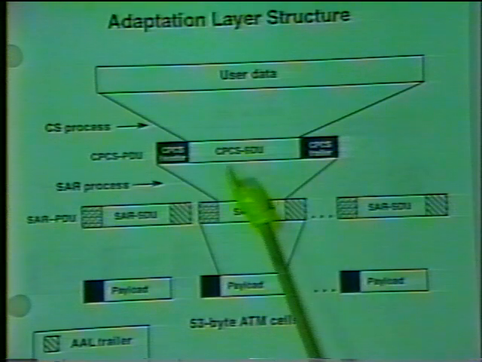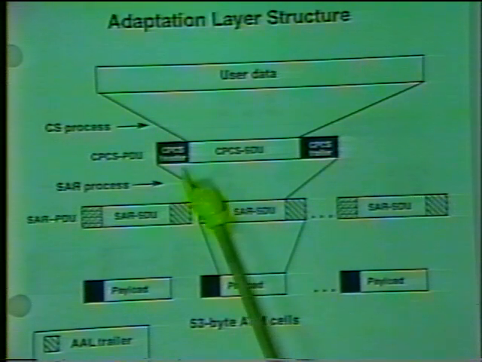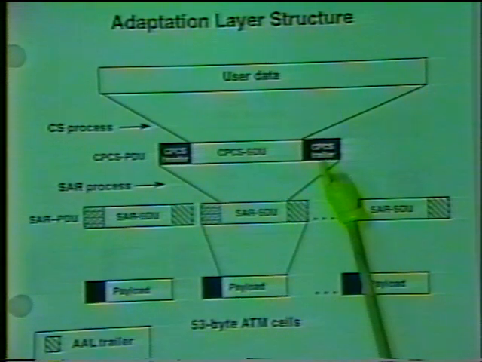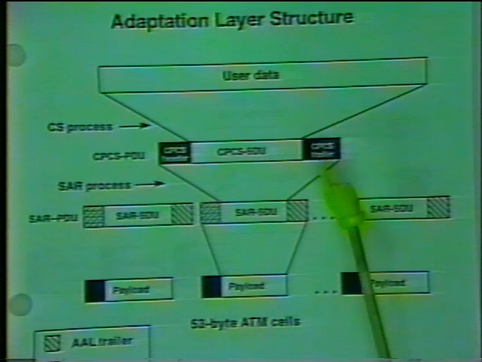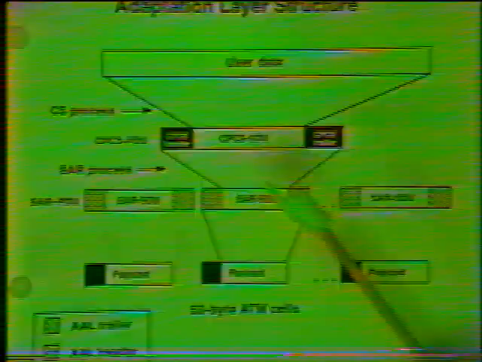So a way to identify this is to attach a header and a trailer to it. Depending upon the type of AAL, we're either going to have a header, a trailer, both, or neither. And then these headers will contain further addressing information as required by that particular AAL service.